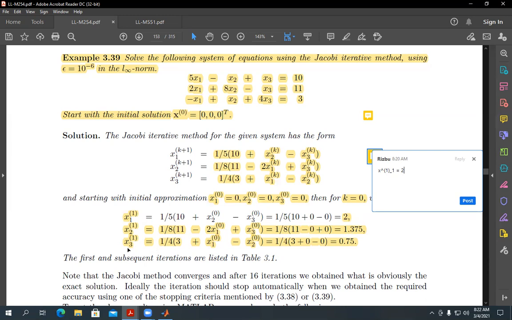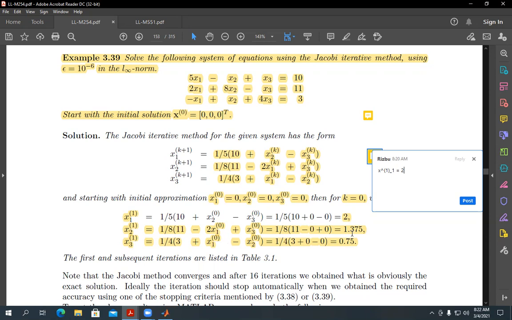Now when we find x3, we need x1, and we know x1 should be the new one, which is 2. And we also have the new x2, which is 1.375. That is a small modification we make in the Jacobi formula.